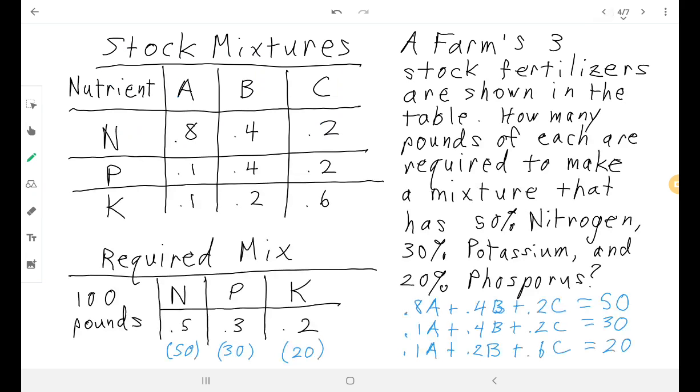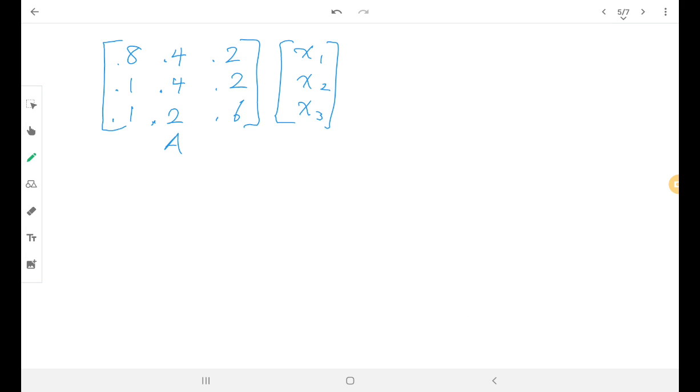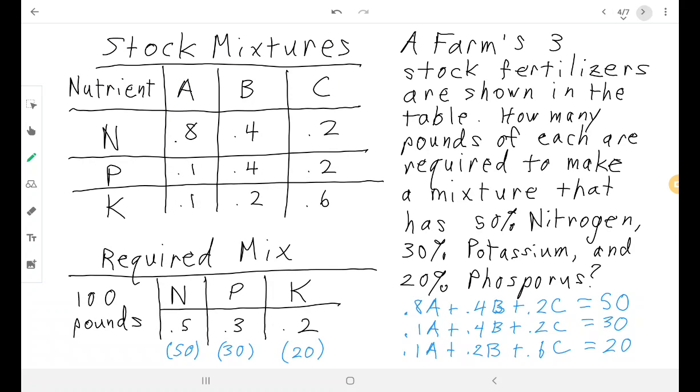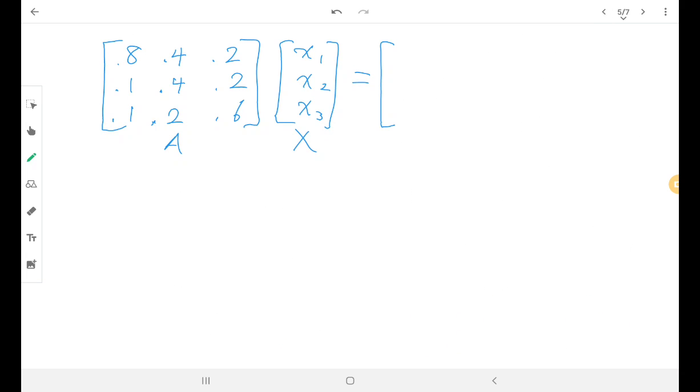So instead of A, B, and C, we're using X1, X2, and X3 for our X matrix. And then our B matrix is 50, 30, and 20 in one column. That's our matrix B.